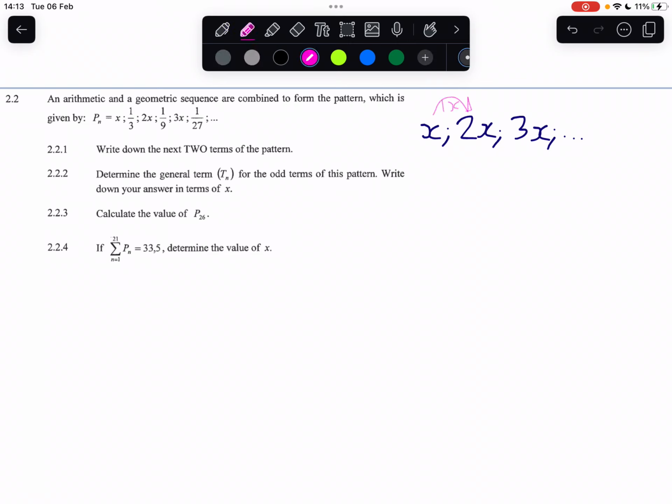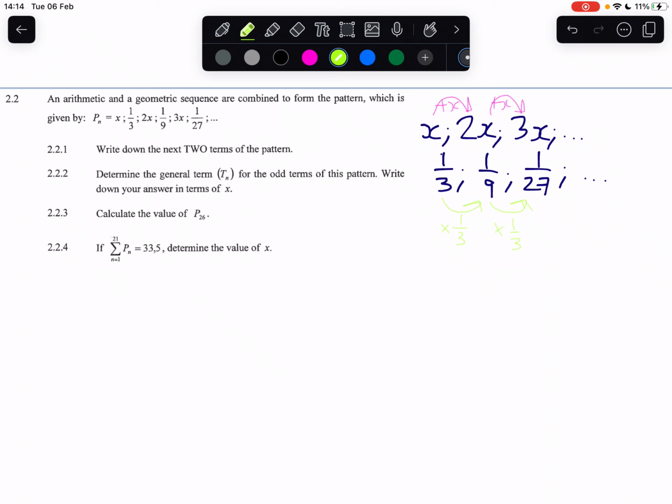And then the second sequence is a third, a ninth, a 27th. Very useful to immediately see that these are powers of 3. So as advised in another video, learn your powers, guys. It will change your life. Here we're timesing by a third each time, so it's a geometric series where r is a third.